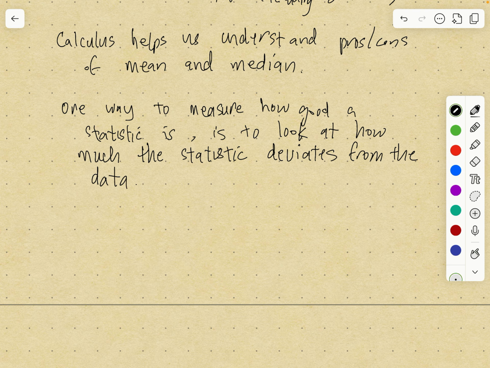That's not something with a precise meaning. That's just a vague kind of statement. But basically, you want to see how far off your number is from the actual data.